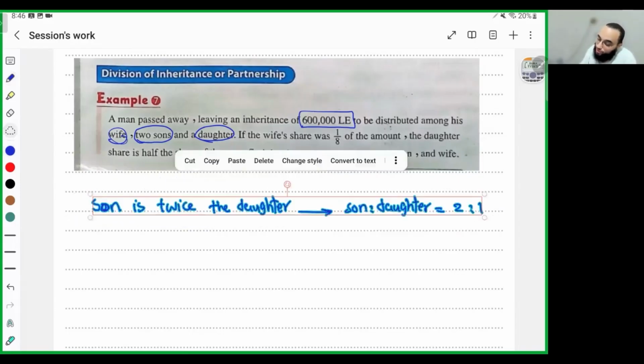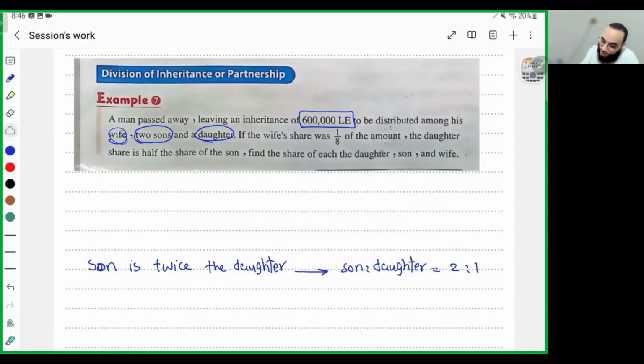You know what is the value of the wife? The wife takes what from the inheritance? المفروض the eighth. The wife takes 1/8 of the inheritance. أيوة.